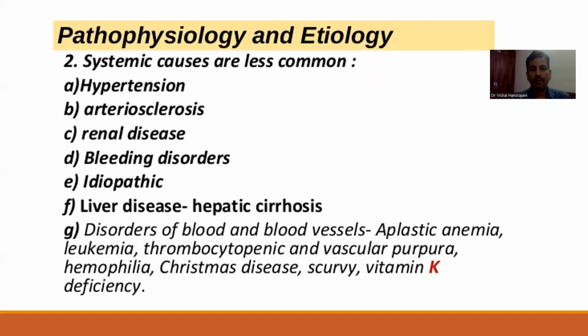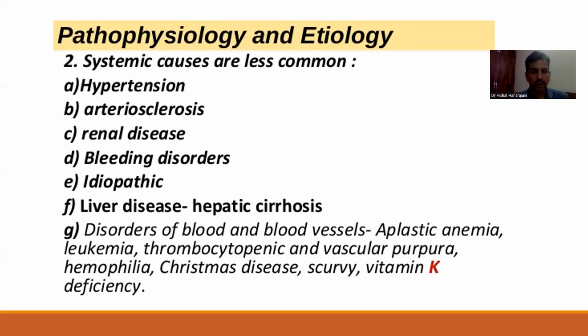There are also systemic causes, like hypertension, arteriosclerosis, renal disease, and bleeding disorders. Idiopathic causes are when we are not able to find any specific reason. Liver disease and hepatic cirrhosis involve a deficiency of coagulation factors, so the patient will have bleeding tendencies, especially from the nose, where very delicate and small blood vessels are present superficially in the submucosal layer.